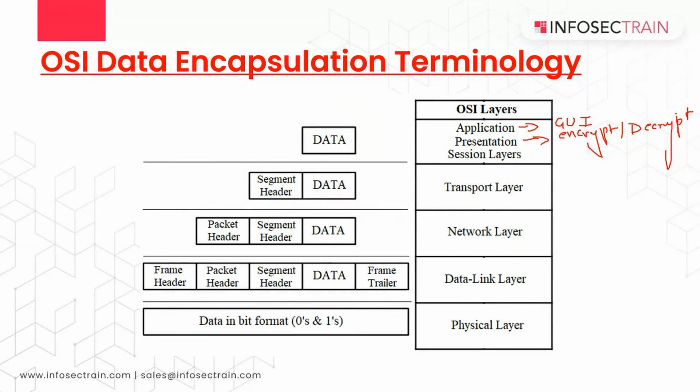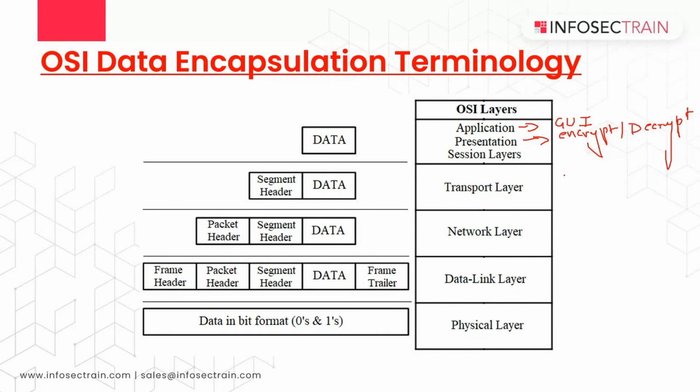Do you guys know that? When I'm sending data, data crosses every single layer. Data goes through every single layer, so I'm converting the data into a format which is understandable by other layers.